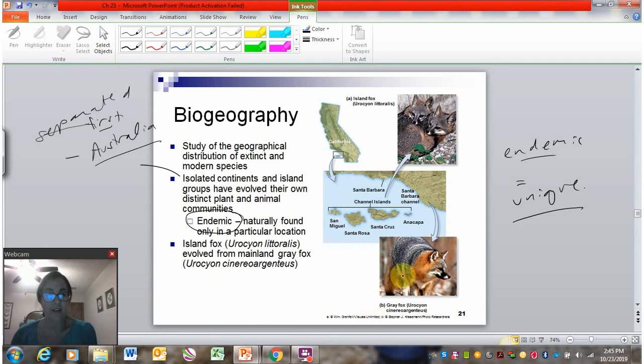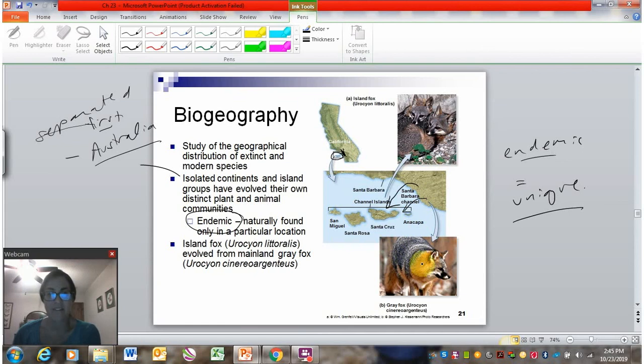There are lots of other examples. So another example here relates to the fox. So this is in California. So there's California, and then you see this island right here that's just off the coast of California. So remember, when you have an island, the way that the island gets settled is when organisms move to the island from the mainland.